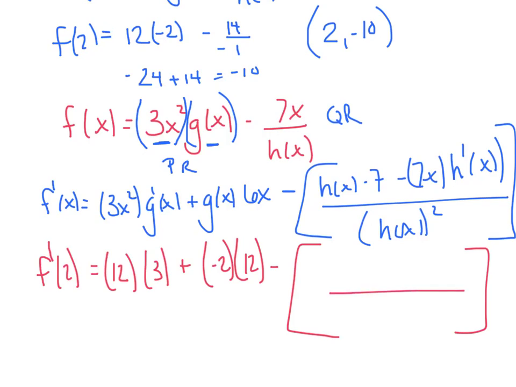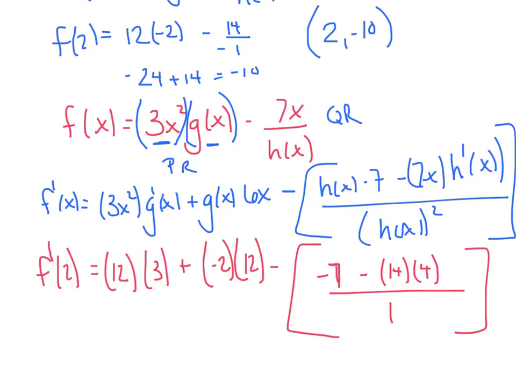I'm going to do the bottom first. h of 2 is negative 1, and negative 1 squared is 1. That's nice. h of 2 is negative 1 times negative 7 is going to make that negative 7, minus 7 times 2 is 14, and h prime of 2 is 4.